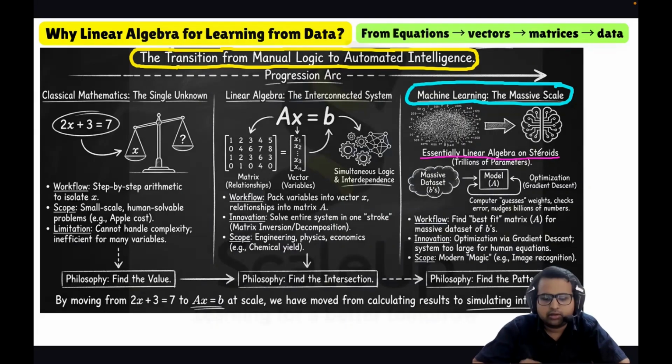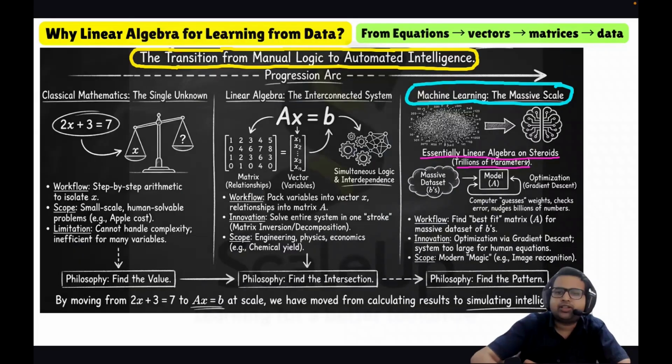While a structural engineer might solve for 100 variables, an AI model like GPT-4 solves for trillions of parameters. So here we are talking about linear algebra at scale. We are not talking about 100 parameters. We are talking about trillions of parameters.